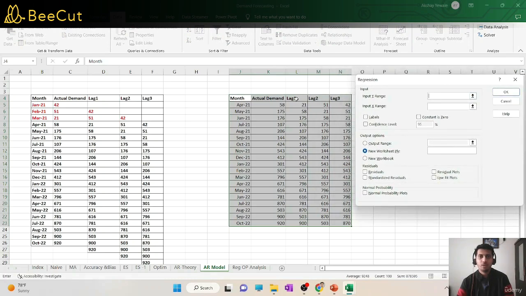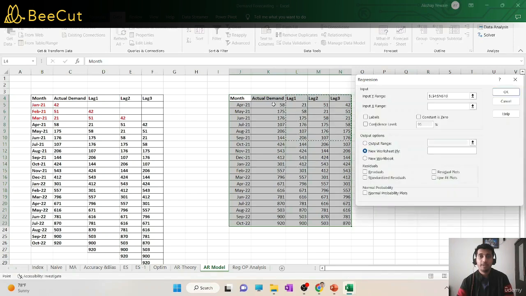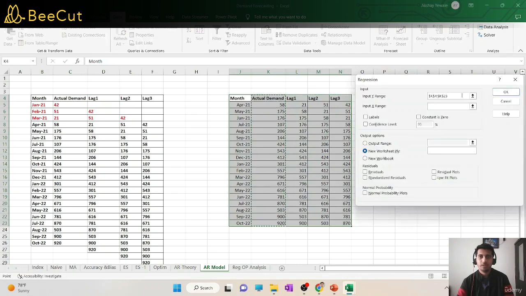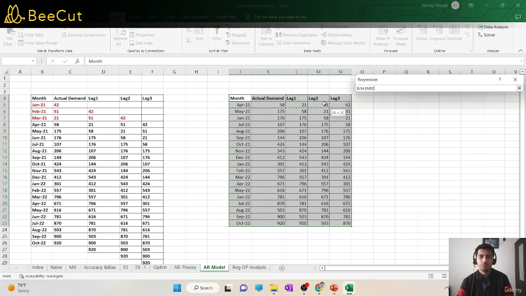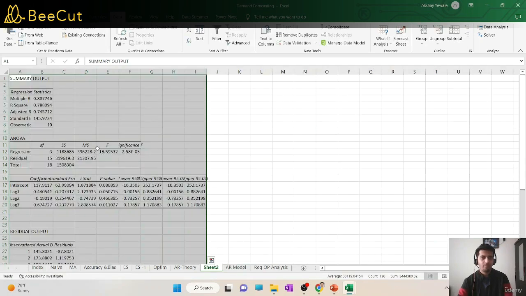Y is the demand which we are trying to predict here, and x are all the inputs which we are giving, which are lag 1, 2, 3. Since we had labels, we'll be selecting the labels. We want output into a new worksheet. Let's have the residuals as well and just hit OK. Here we go. Now you have the output ready.